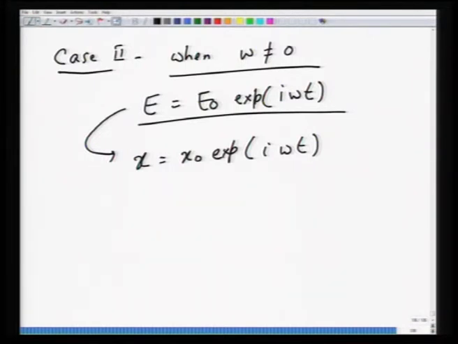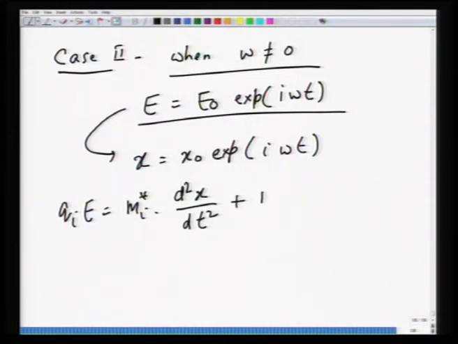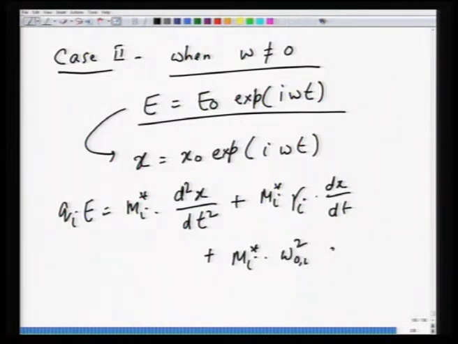Now, if you insert this, if you look at the expression, we had q i multiplied by E equal to m i star into d2x by dt square, sorry, plus m i star gamma i into dx by dt plus m i star into omega naught i square into x.